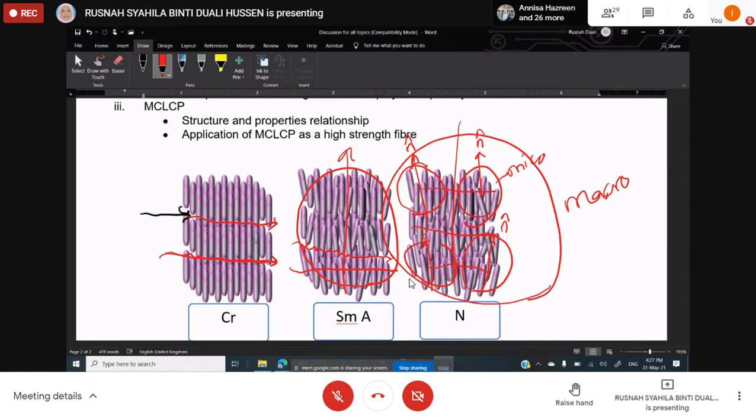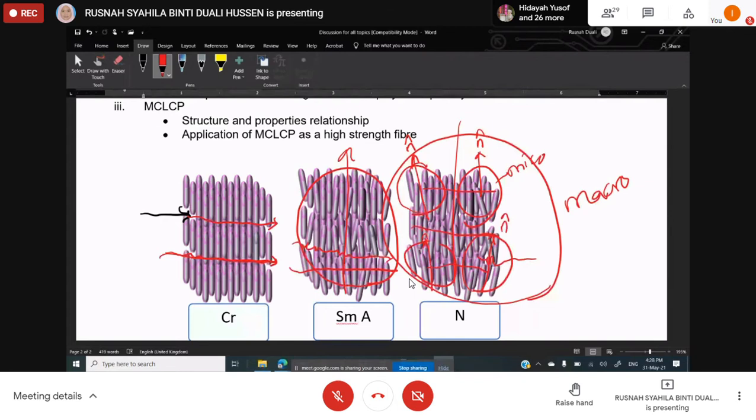So if we want to crack in here, it will actually pass through, and this is only on the surface. So inside there are more directors actually available. So that's why it's actually very difficult to break it.